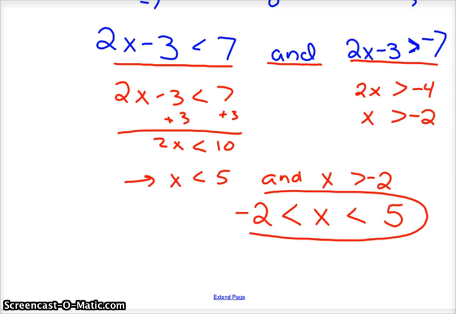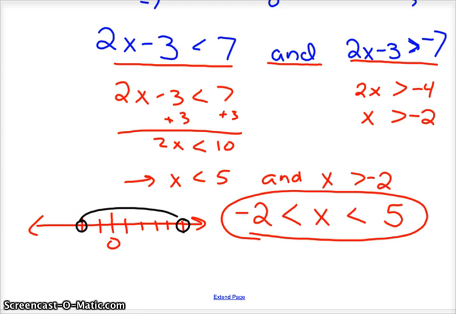This is our final answer, but we probably should graph it just so we know what's going on. So here, 0, 1, 2, 1, 2, 3, 4, 5. It would be an open circle at 5, an open circle at negative 2, and all the points between them. And so that's the solution to that.